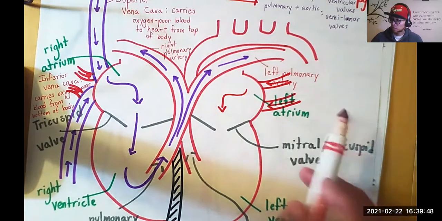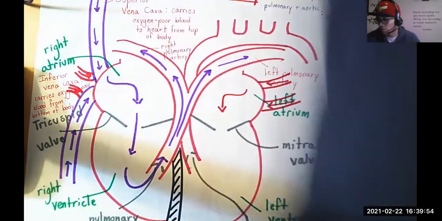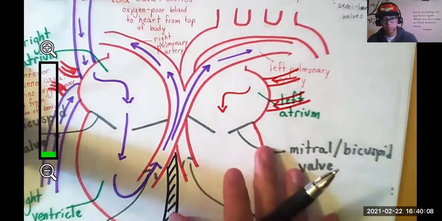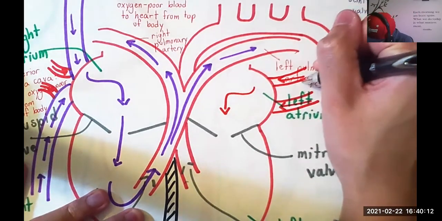Okay, now the pulmonary veins I haven't yet labeled, so I'm going to label them for you right now. Where are my pens? I'm going to label them in purple. So these here are your left pulmonary veins.